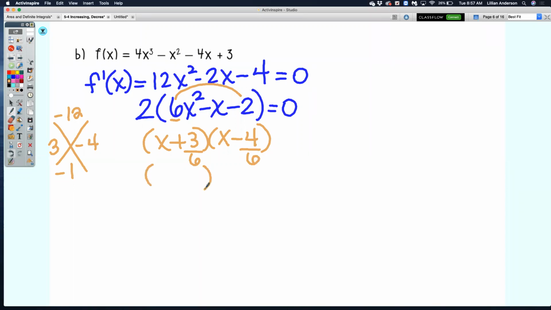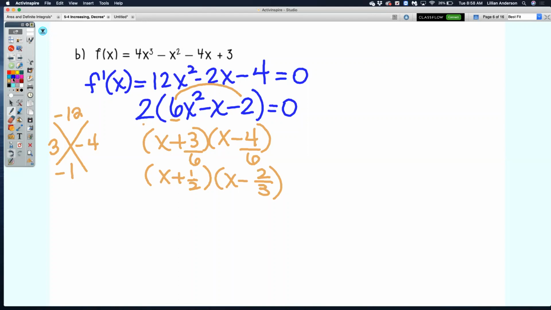To what? 1/2. What about 4 over 6? Does that reduce? Yes. 2 over 3. It's important that you reduce these. If you don't, you forget about a few things. Don't worry, I want to make sure I take care of that 2 in just a second.